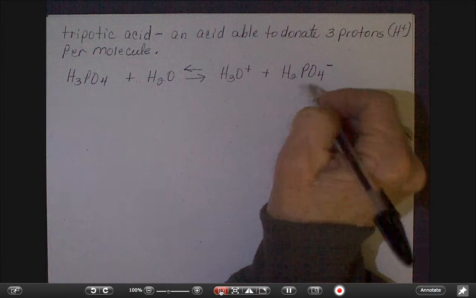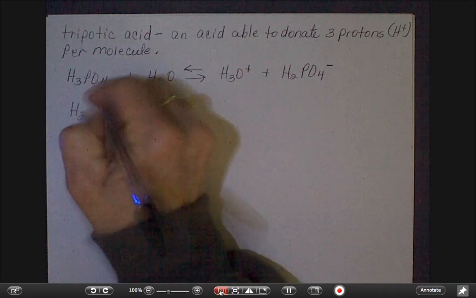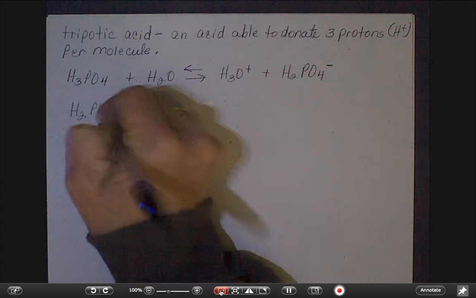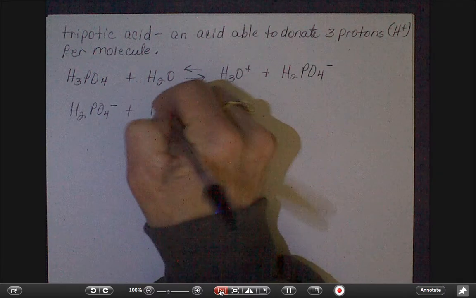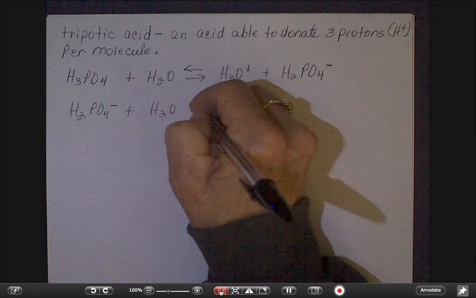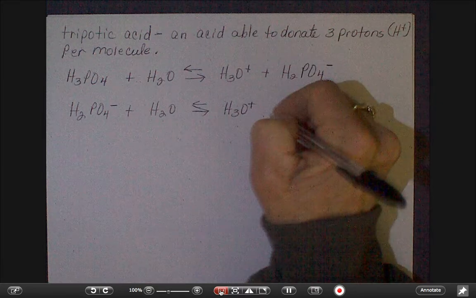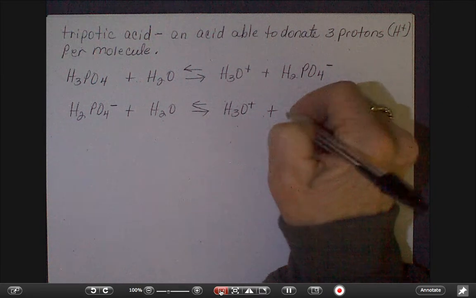Now you take the remaining ion here, H2PO4 minus plus H2O, double arrow, H3O plus, and now what?